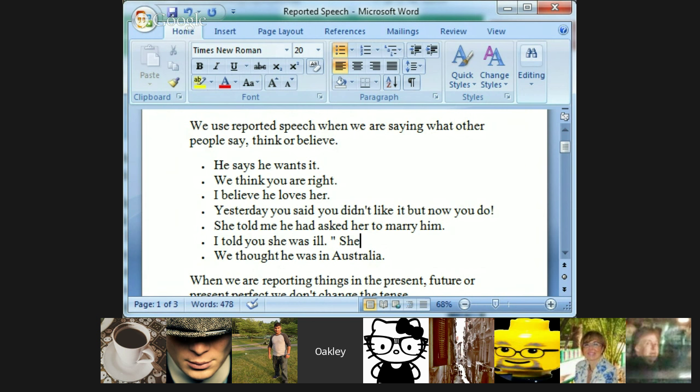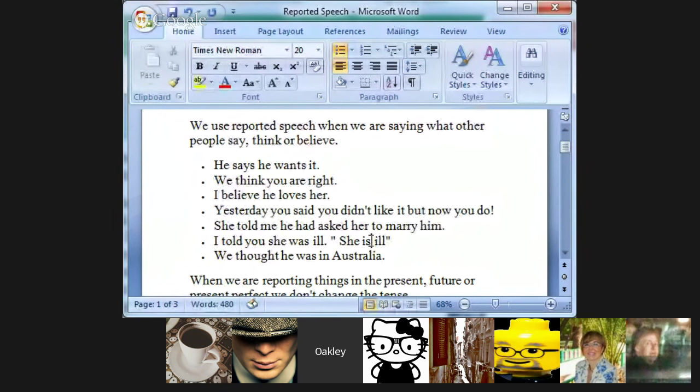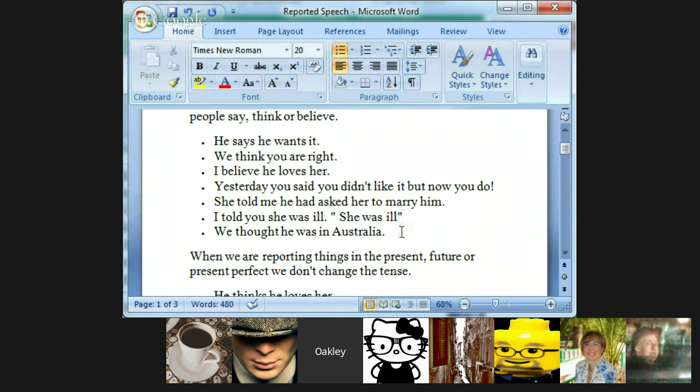No. Yesterday, you said she is ill, in present tense. And when you do reported speech, it becomes she was ill. If yesterday she said she was ill, then today you would say, I told you she had been ill. Change the verb tense according to the first tense you have to use.